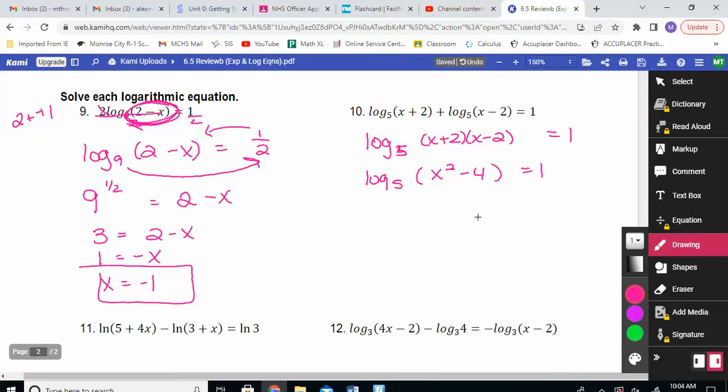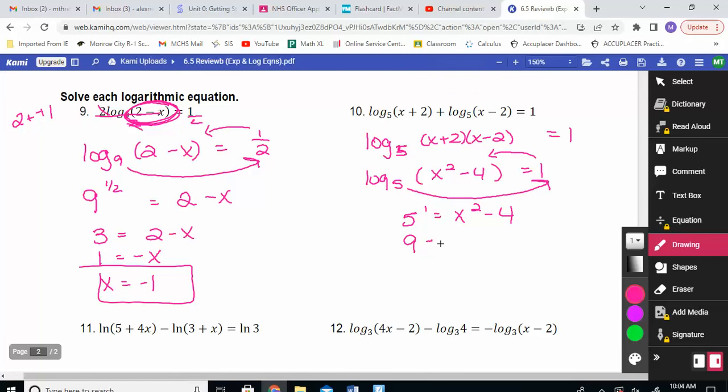Then there's a log on one side, so we use the definition and change it to exponential. So 5 to the first equals x squared minus 4. 5 to the first is just 5.